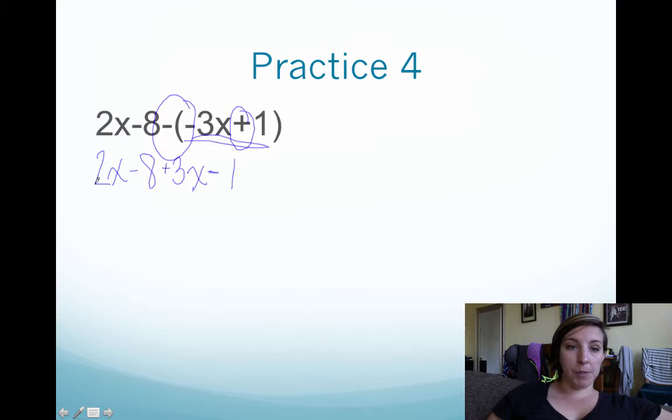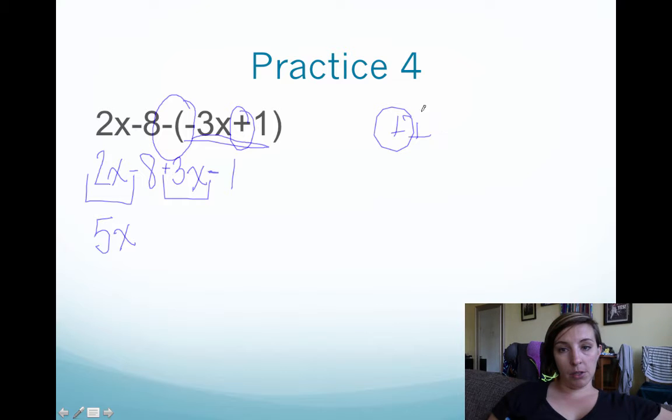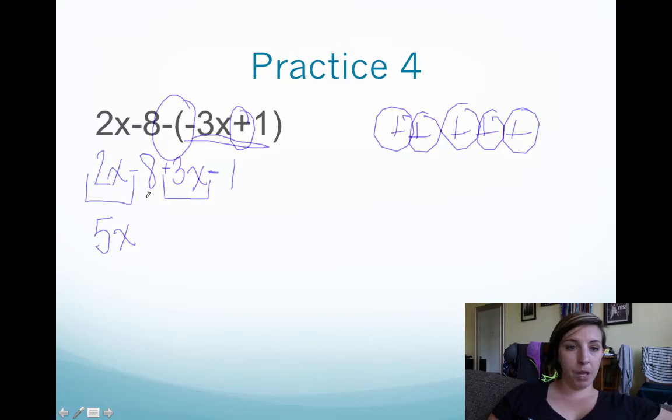Let's combine like terms. I have positive 2x and positive 3x. 2 plus 3 is 5x. If you don't know how I got this, I started with 2 positives, I added 3 more positives, and I get 5 positives. All right, so then I go to negative 8 and negative 1.